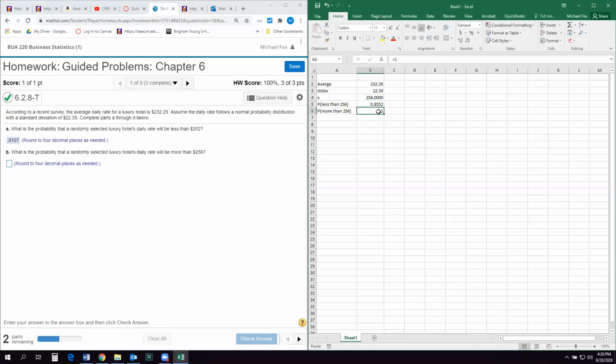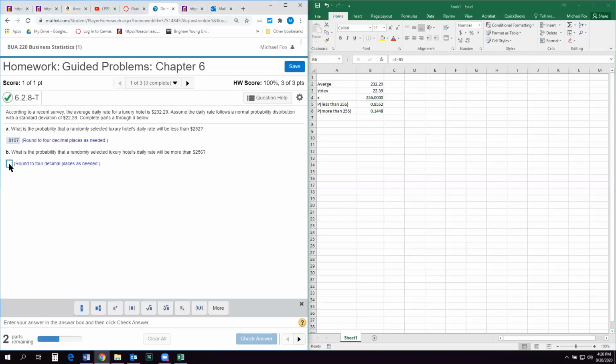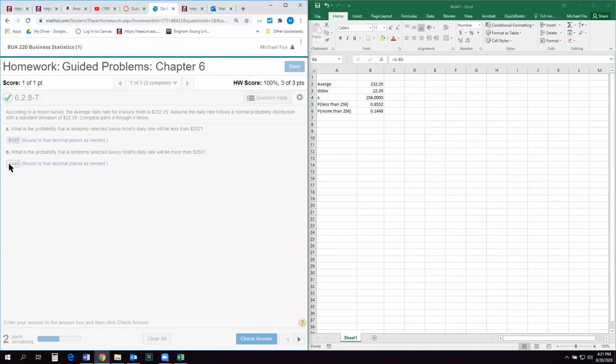Oops, I did that wrong. Equals 1 minus less than 256. Because the probability that it is less than 256 or more than 256 will be 1, or 100%. So if we find less than, we can just take 1 minus that, and we can get what it is to be more than: 0.1448.